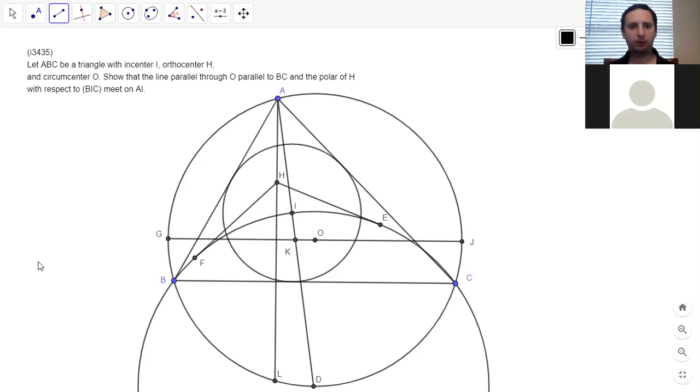I guess this problem is kind of tricky because it involves both the incenter and the circumcenter. So we know the distance from this line to BC. Another way to phrase it is if we draw the polar of H and we let it intersect AI at K, we want to show the distance from that to BC is half of AH. That's another way to do it.